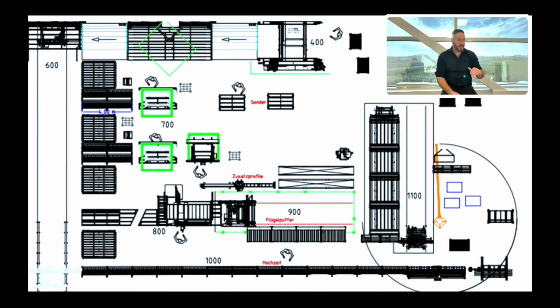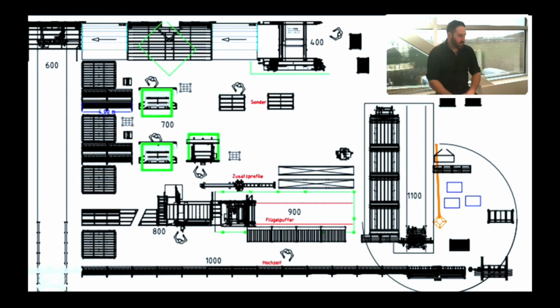If a frame is on it at this point, the frame is going to be automatically unloaded by the buffer on the left of the screen. Then it's going to make its way to the tables in the middle of the screen. Employees are going to be assembling the frame, putting it back to the buffer.